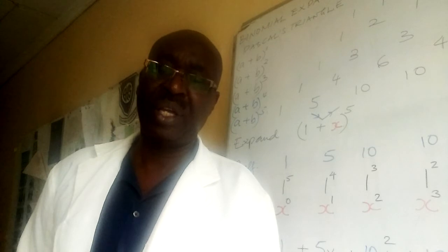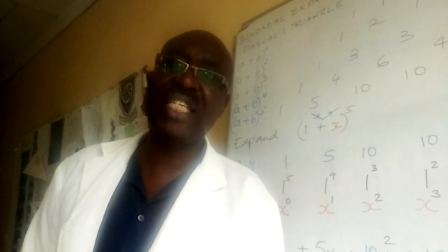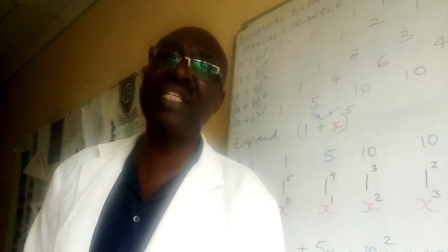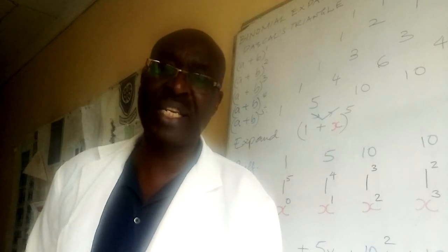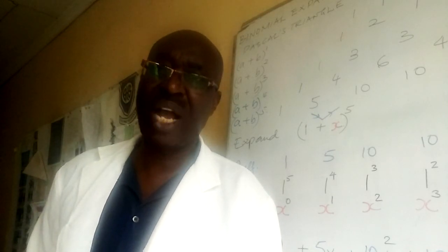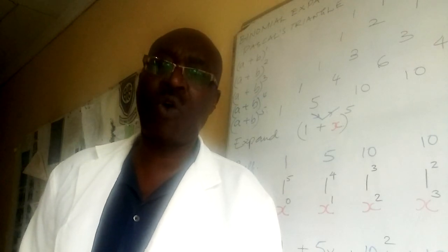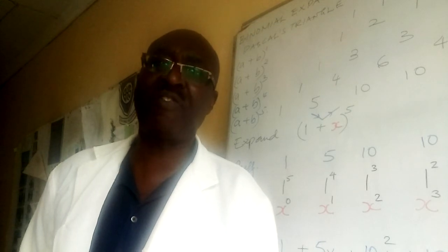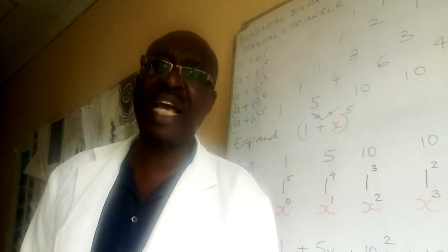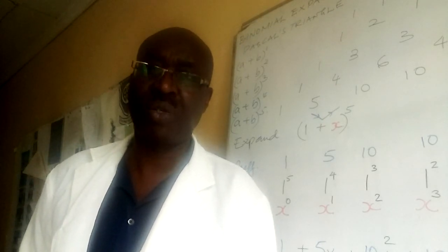Number three, the powers of the second term increase from 0 onwards, each time by an increment of 1. Number four, you get the product of each vertical line, and that will be your expansion.